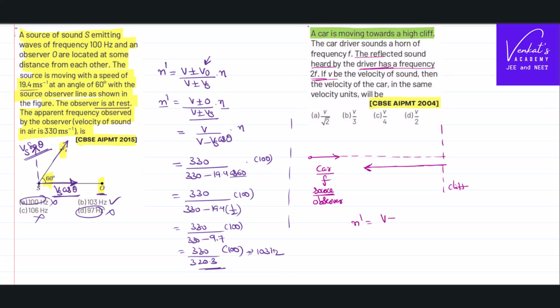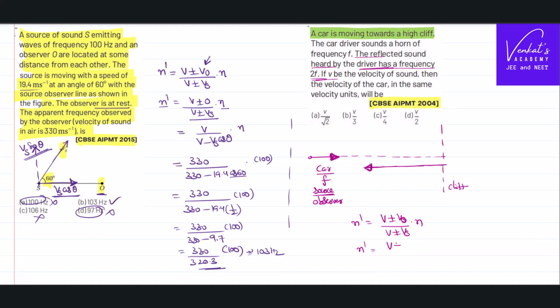So I can write a formula. The apparent frequency in the Doppler effect is (V plus or minus Vo) by (V plus or minus Vs) into n. Let me understand when I have to write a plus and when a minus. Here the observer, the car driver himself, is approaching the source of sound that is coming towards him.